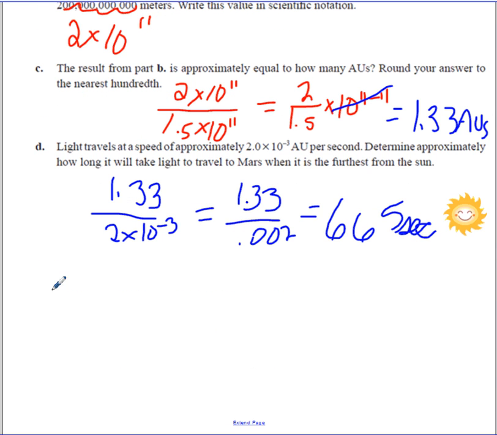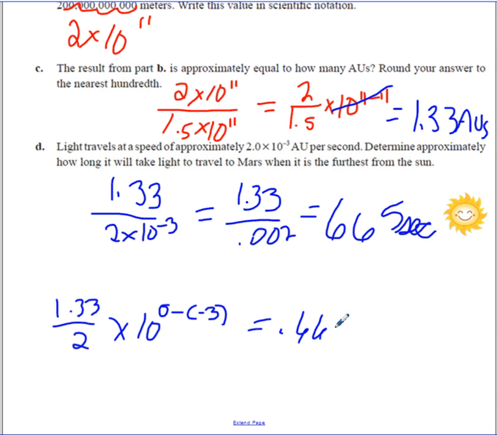To do that, we would divide 1.33 by 2, and then it's times 10. Remember, there's technically 10 to the 0 power up there, minus our negative 3. If we do 1.33 divided by 2 in the calculator, we get 0.665 times 10 to the third power.